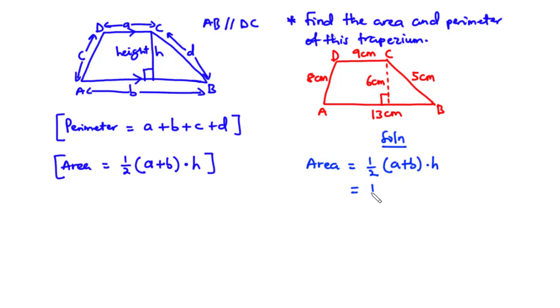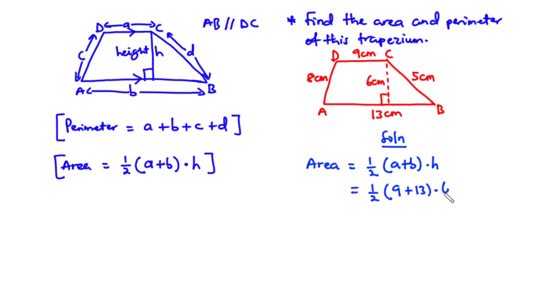So we have half times A is DC, which is 9 centimeters, plus B is AB, which is 13 centimeters, times the height, which is 6 centimeters. Notice that always the height has to be perpendicular to the line AB. Okay, it should be perpendicular to the base.